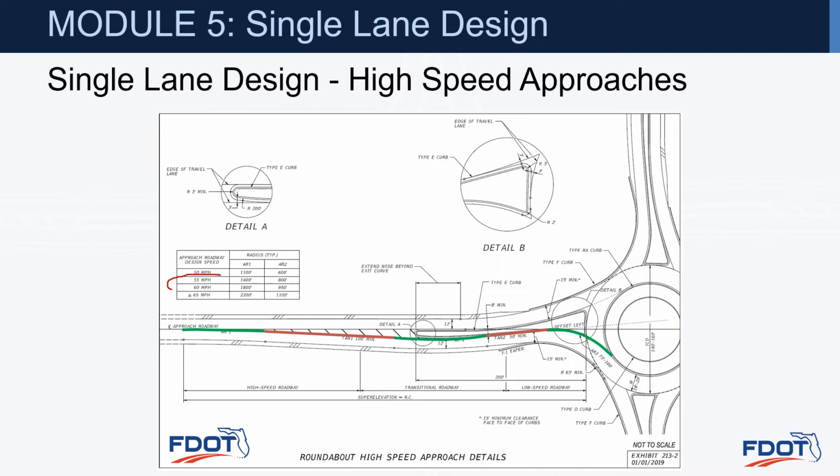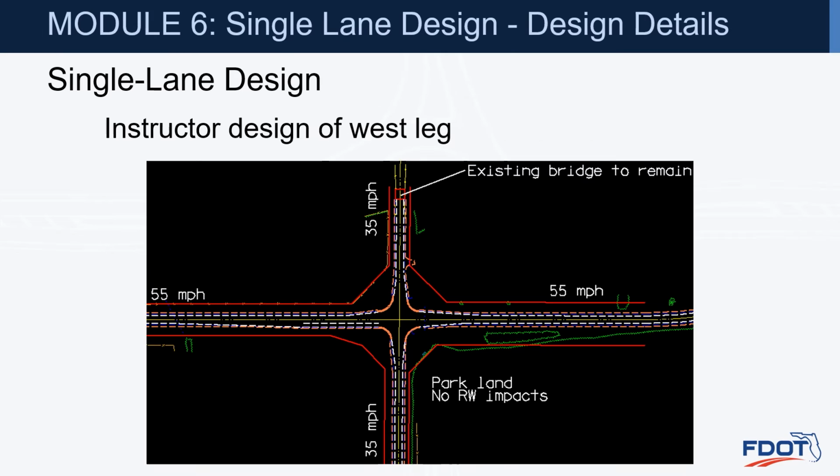So we've got 60 miles per hour, so we're going to be using this 1800 and the 950 for our curves, for our R1 and our R2. With that, I'm going to go ahead and hop into MicroStation and start the design of the west leg for this single lane roundabout.